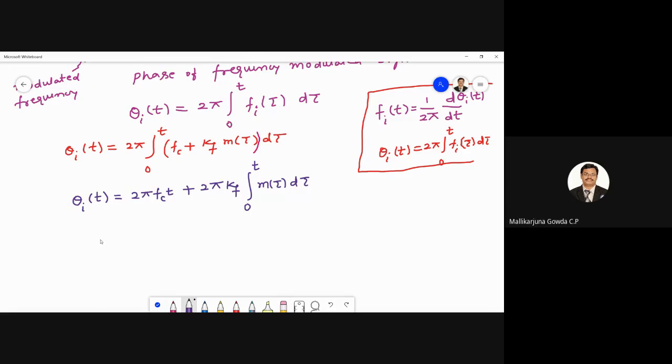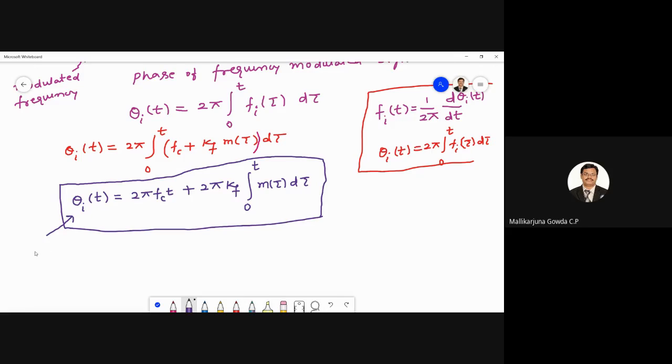So this is the phase of the frequency modulated signal.